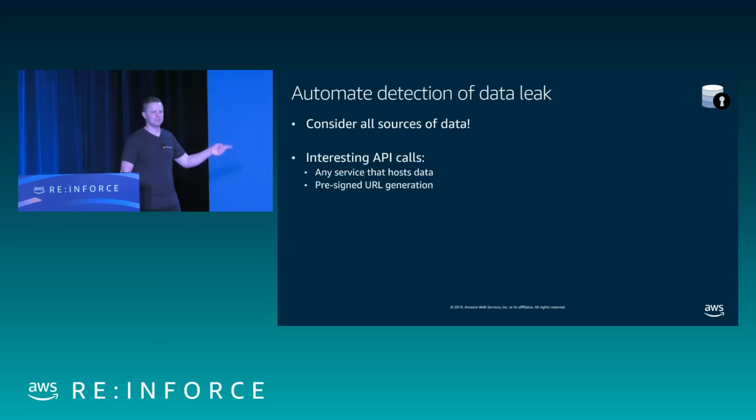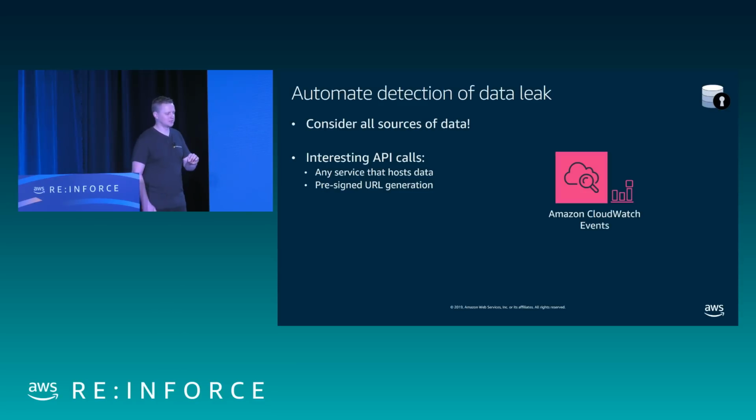If we wind back to our chat history, if I have that in a chat that goes to the team that's responsible, they can act on it and they know that the application has created that signed URL. Send it to an email, it will go in somebody's inbox and get forgotten about. So it's really important to know what's going on and be aware of those interesting API calls.